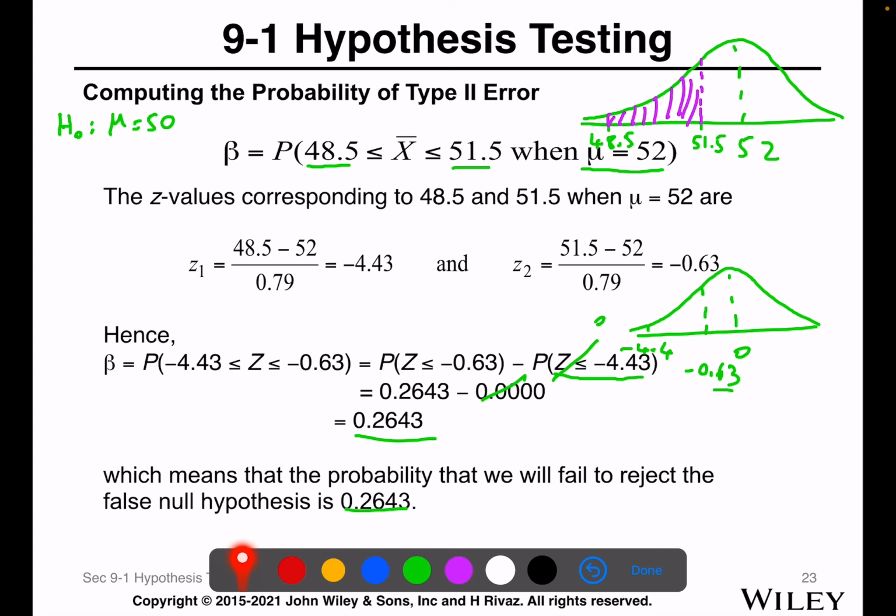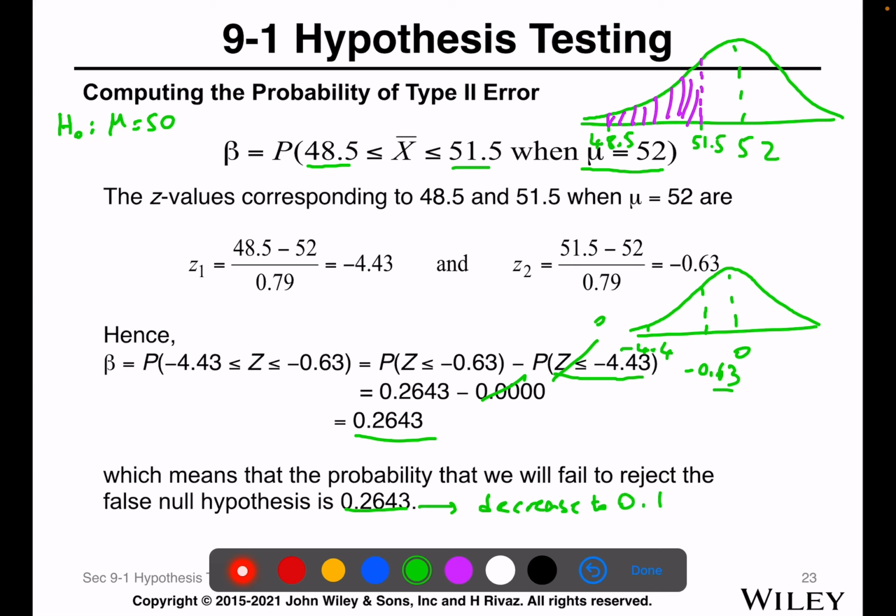So for example, one thing we can think about, and this is what we will do later on, is that this doesn't conform with our standards, right? So let's say this probability is too high. We don't want 26%. We want, for example, 10%. So basically, we want to decrease this number to 0.1.